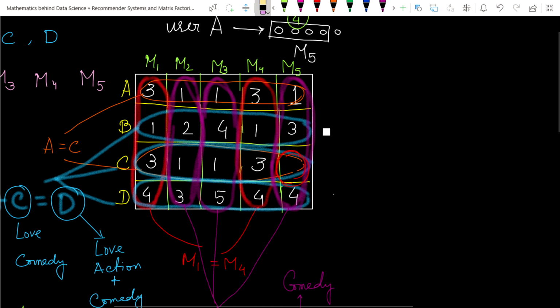Somehow we have no data here. C has not given any rating for this movie 5. We have to predict what the value here will be.